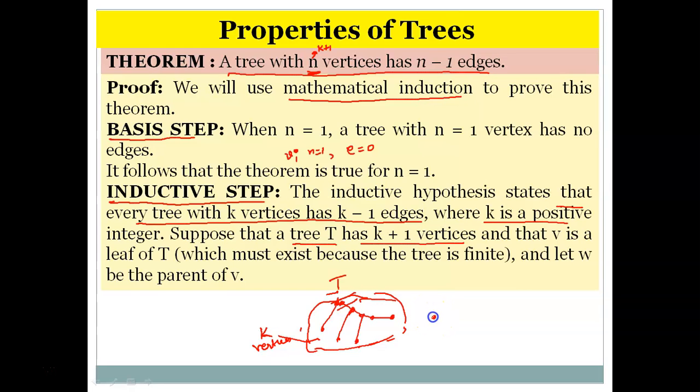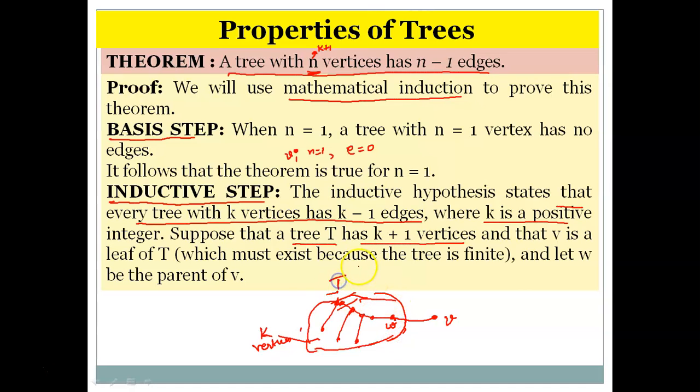Now the k plus 1th vertex I am taking outside, and this is the leaf. Let V be the leaf of T. This is one leaf, and let W be the parent of this leaf.